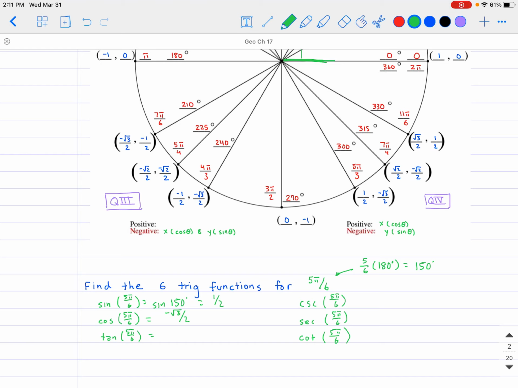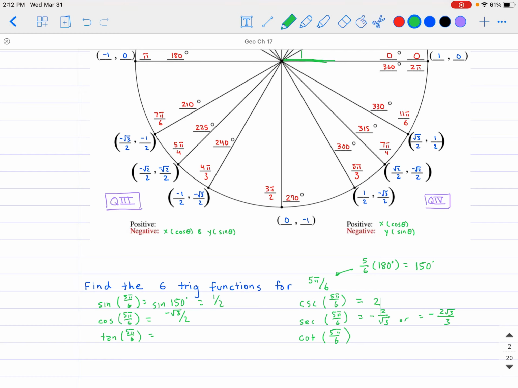Then if we know sine and cosine, we know cosecant and secant, because those are just their reciprocals respectively. So cosecant is going to be equal to 2, because that's the reciprocal of 1/2. And then secant is going to be equal to negative 2 over root 3, or you can write it as negative 2 multiplied by root 3 over 3. Either one of those should be sufficient.